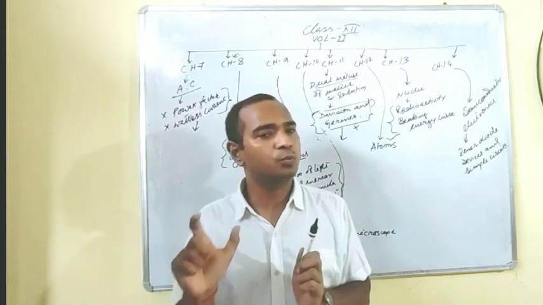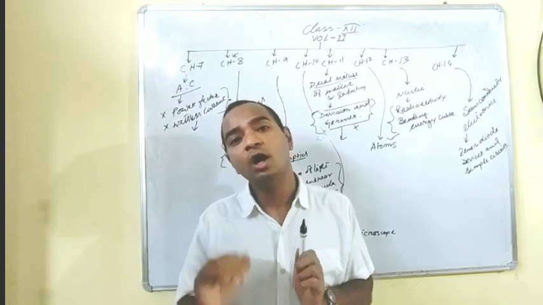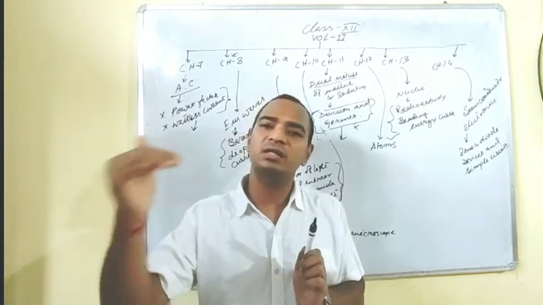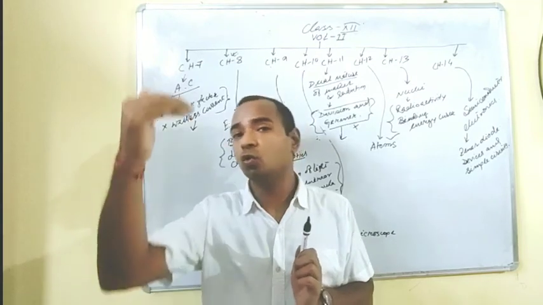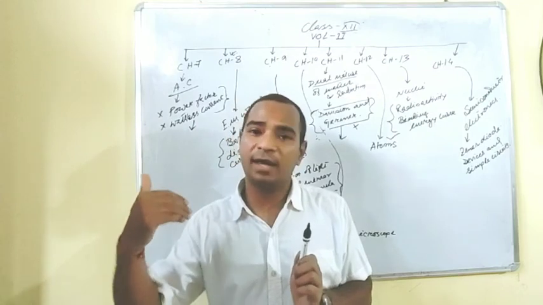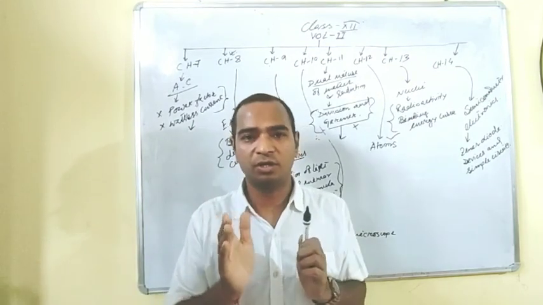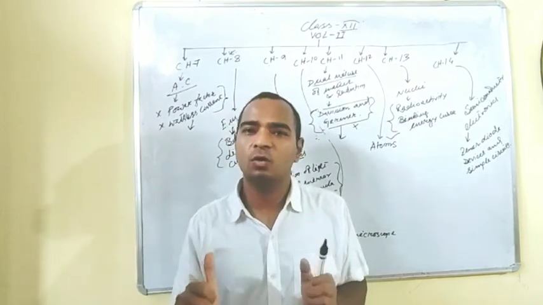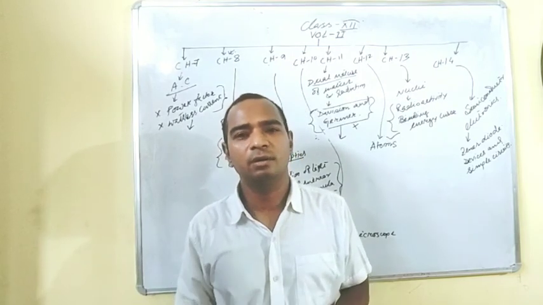So look at those points. You have to be very, very careful when you are appearing for any other test examination, whether the syllabus is covering this deleted portion or not. So you have to be active enough after the board examination. So best of luck. Just go on doing this. You will get your result.